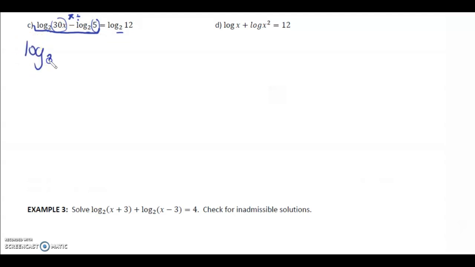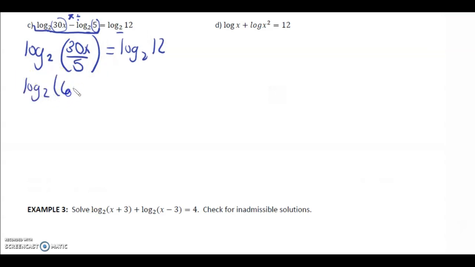So log base 2, we're going to collect the 30x by dividing it by 5. Okay, and then I'm going to equate that to this as it is, log base 2 of 12. Now I'm going to rewrite the 30x divided by 5 as 6x, and that's log base 2 of 12.